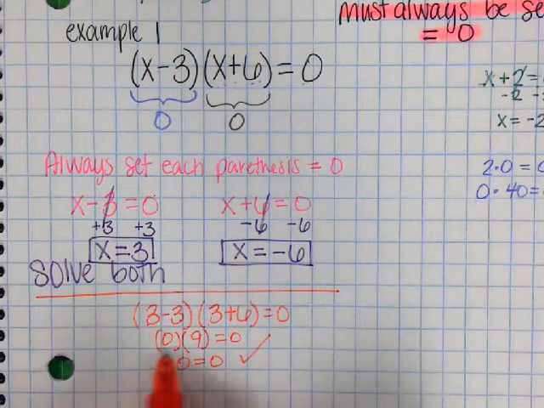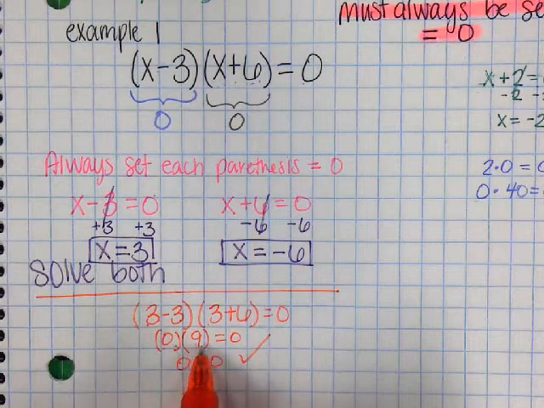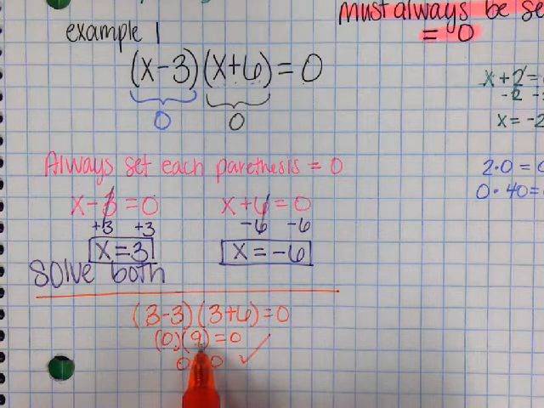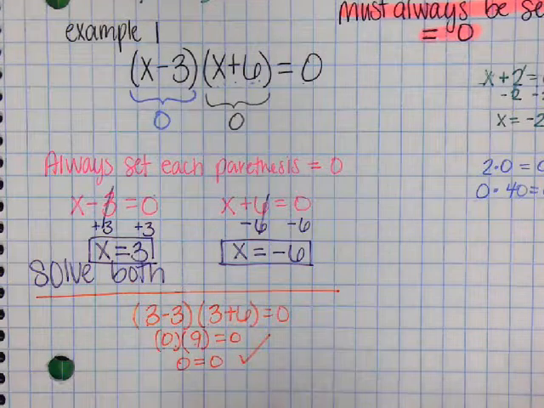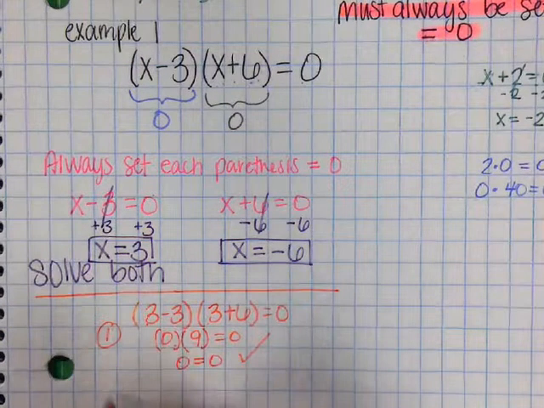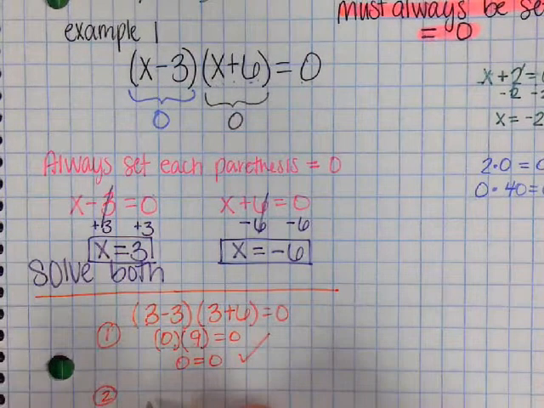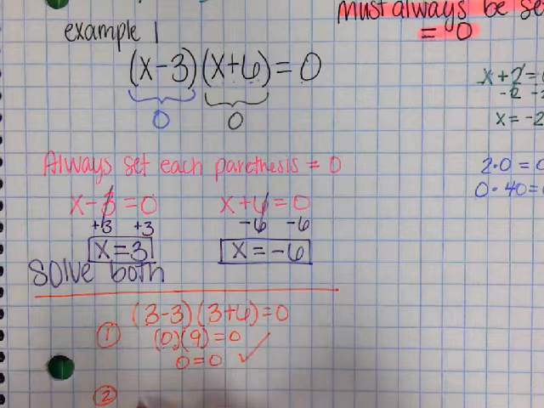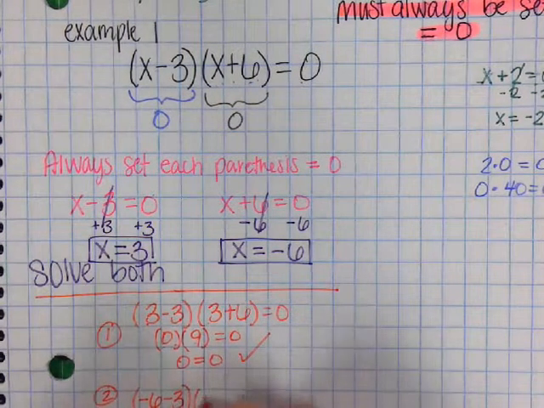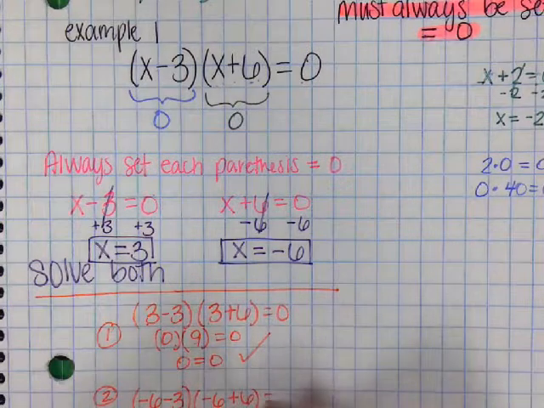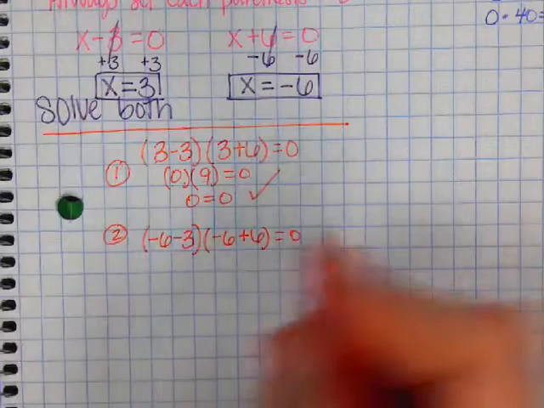So that's what I mean by as soon as one of the parentheses is equal to 0, then it doesn't matter what the other parentheses equals. This could be 219. As long as this one's 0, my equation is going to equal 0. So that's the first one. Here's the second one. If I use negative 6, I have negative 6 minus 3 and negative 6 plus 6.